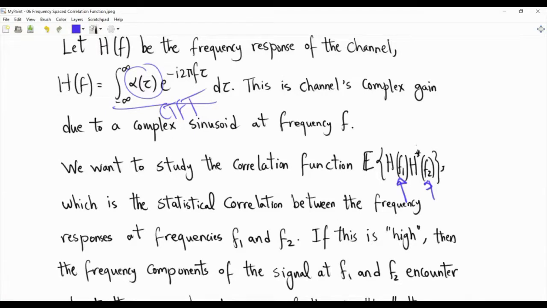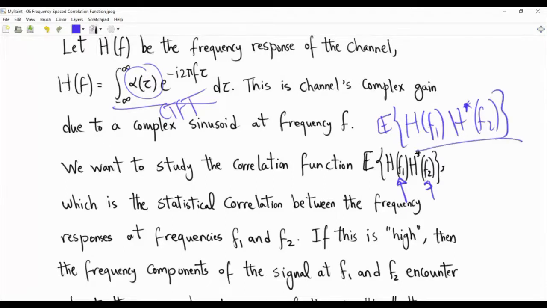So we will study the correlation. The correlation in statistics is defined as you take the first one, you take the complex conjugate of the second one, and then you take the expectation. So this will be our interest.